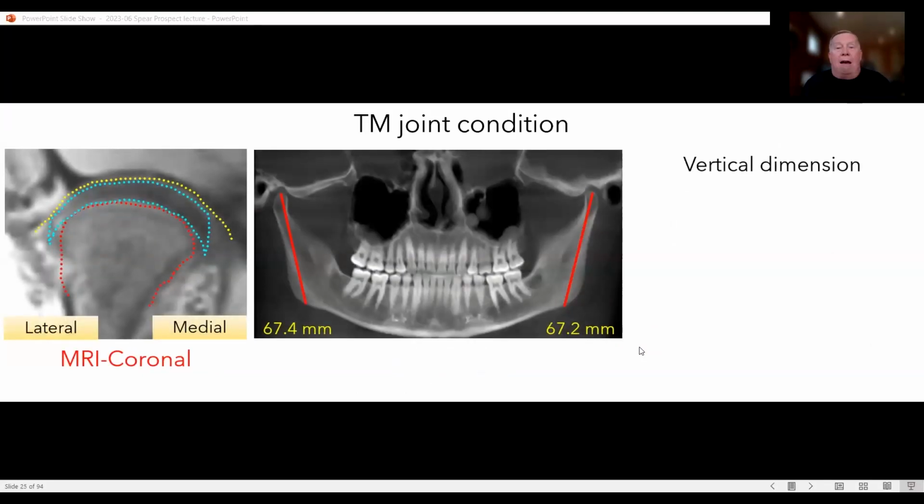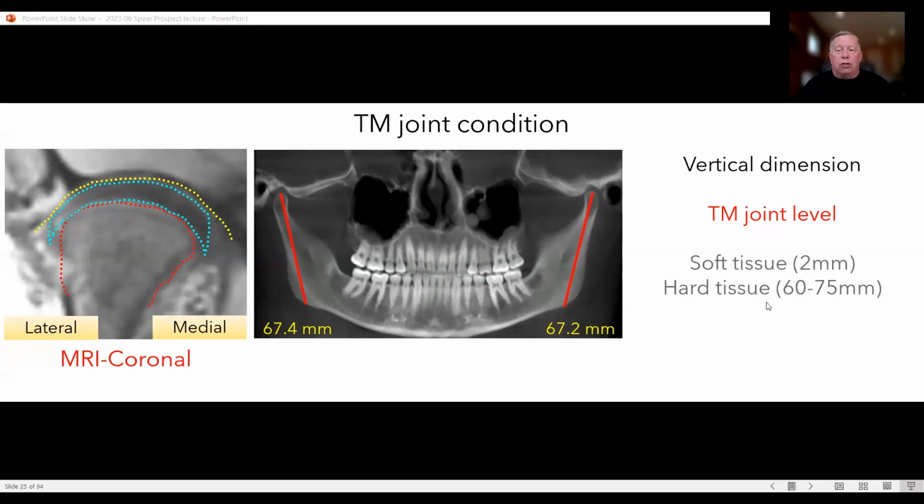Now, if we have normal joints like we're talking about, usually we're going to have normal vertical dimension. And you know, it's interesting. I'm going to talk about vertical dimension at the joint level, because usually we hear about vertical dimension at the tooth level.